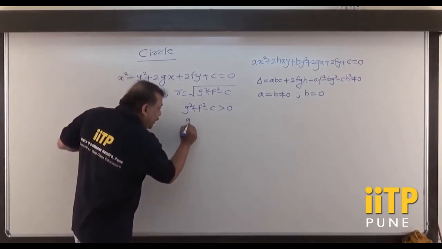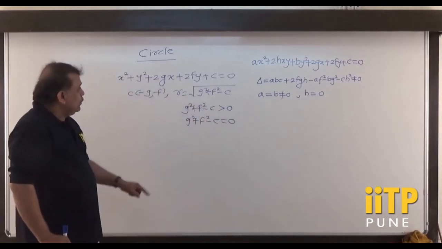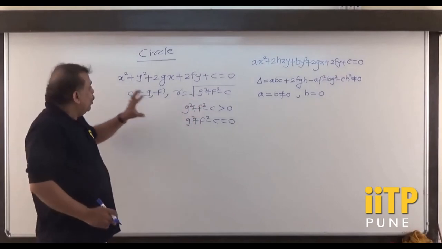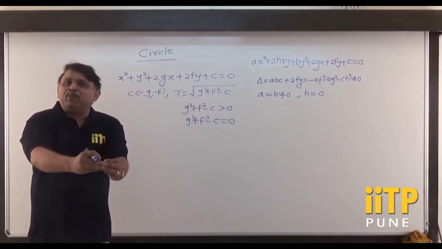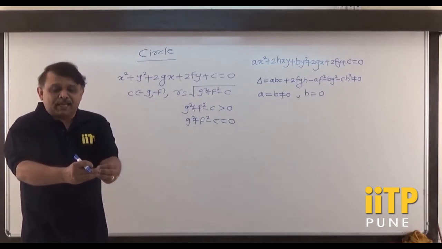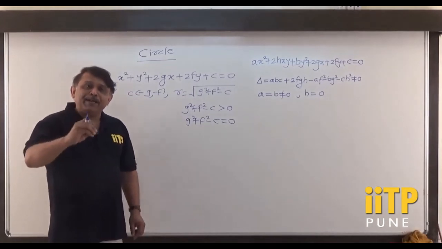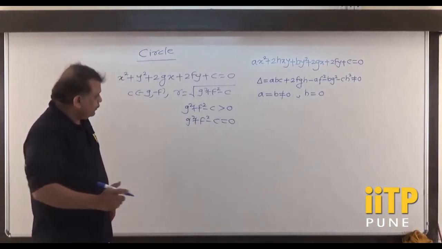If g square plus f square minus c is equal to 0, you will have the radius of this circle equal to 0. So all the points on the circle will converge to one point, which is the center of the circle. Hence, that circle is called a point circle. So a point circle is that circle whose radius is 0.